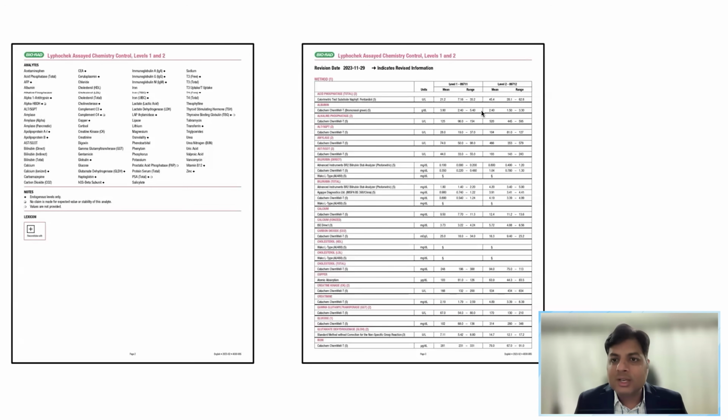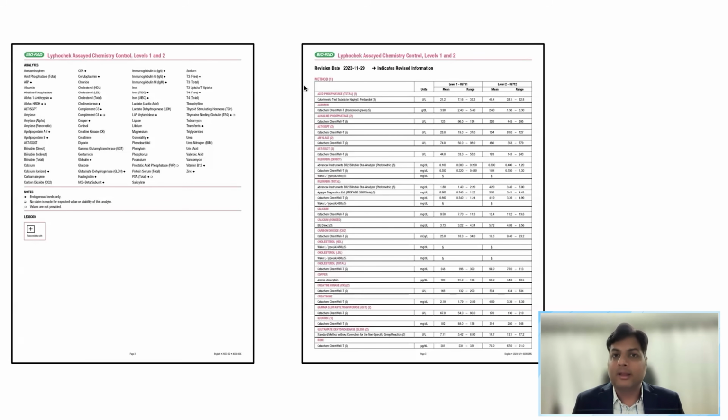And this range is plus minus 2 SD from that mean. How do we calculate it? We will see in our future videos. But the company has already calculated the mean and the plus minus 2 standard deviation.